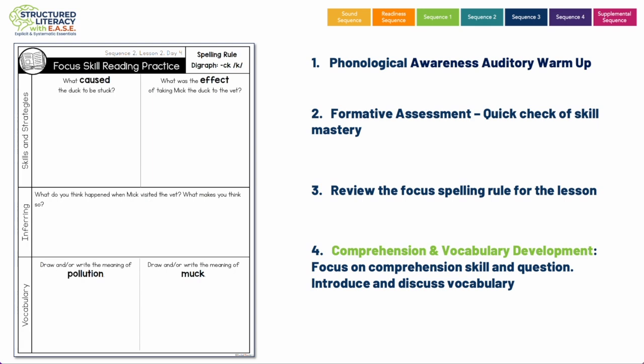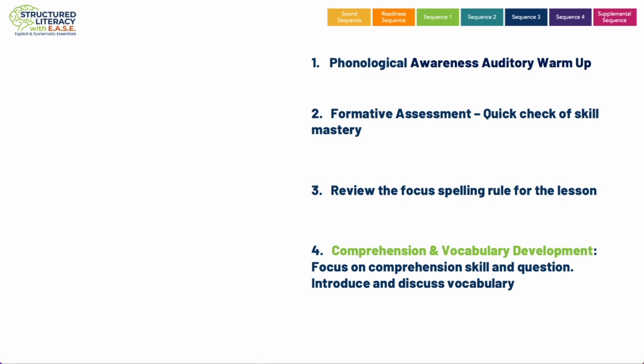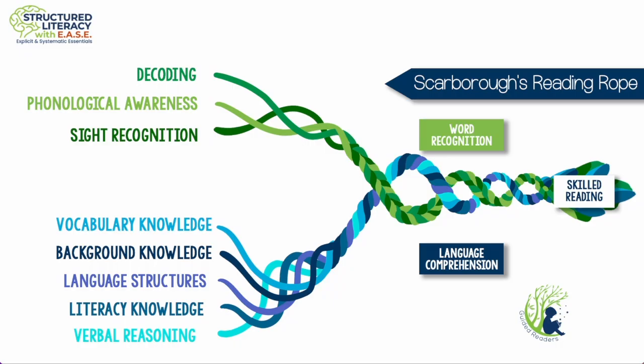But what we do is we bring this word in and we align it to the words that are in the decodable book. So we're focusing on synonyms and using synonyms to bring other vocabulary instruction into the story, which is very, very important, and of course into the instruction. So we address all strands of Scarborough's reading rope within our program.